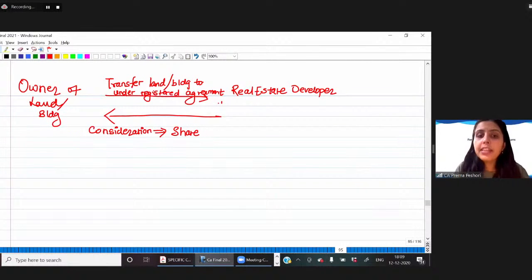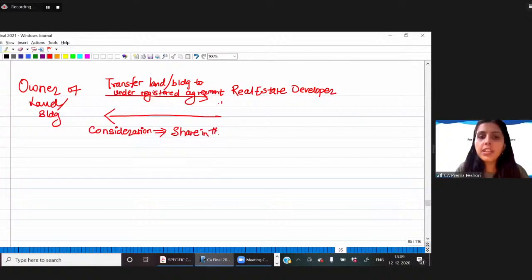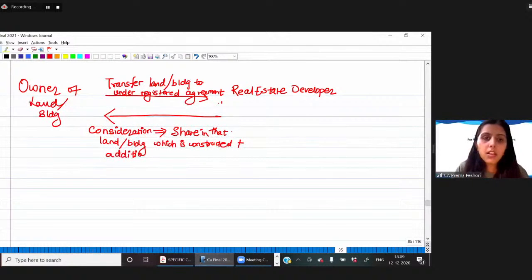They give a share in that land or building, which is constructed by the builder, plus some additional monetary consideration.